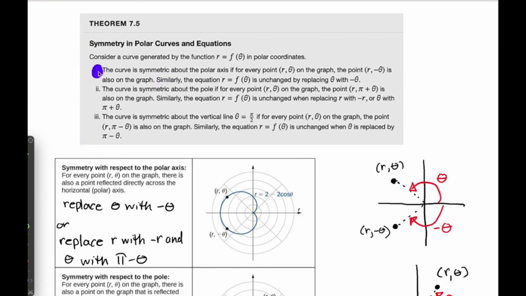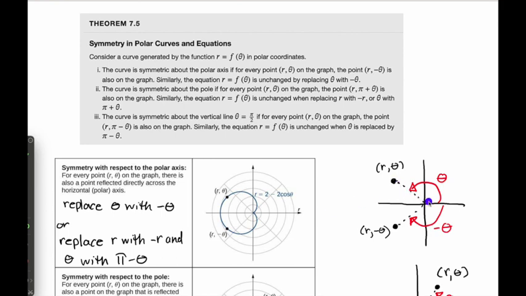The first symmetry, or the first property, talks about being symmetric about the polar axis. The polar axis is the horizontal axis. So this is talking about symmetry across what we look at as the x-axis. That means for every point (r, theta) on that graph, since this is acting like a mirror, we should have another point on the other side of that polar axis, (r, negative theta).